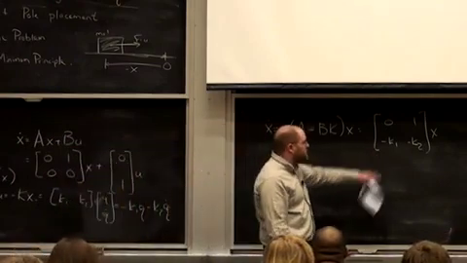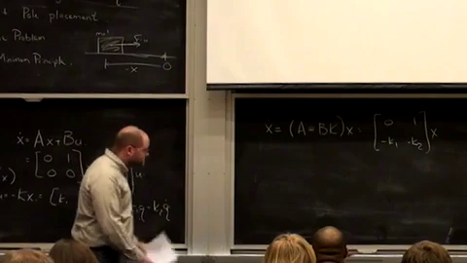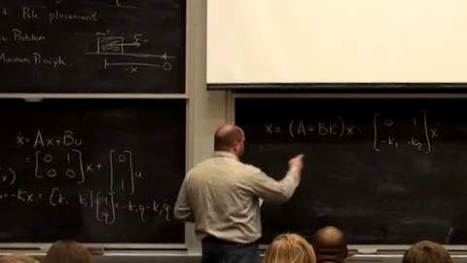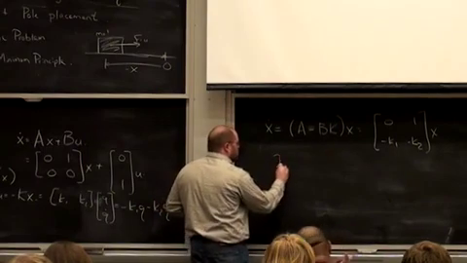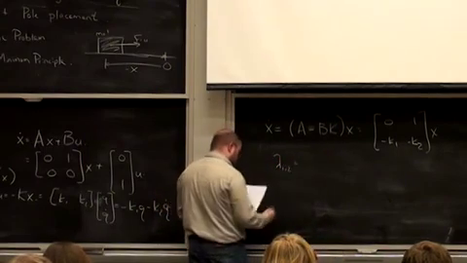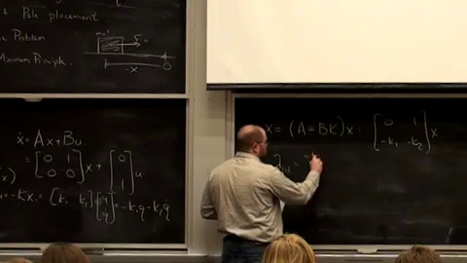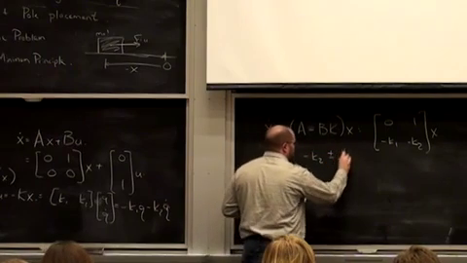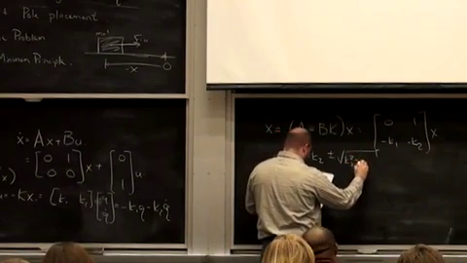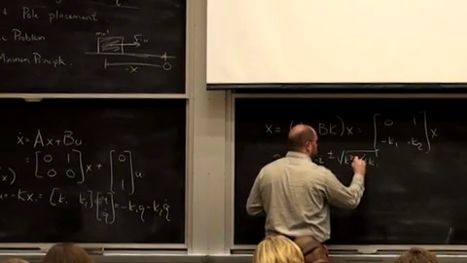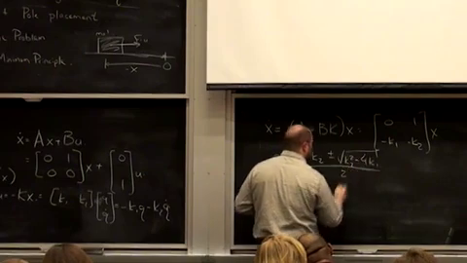Right, the solution uses the eigenvalues of this system. You can quickly take the eigenvalues of that matrix. Characteristic equation works out to be lambda equals (negative k2 plus or minus the square root of k2 squared minus 4 k1) all over 2.